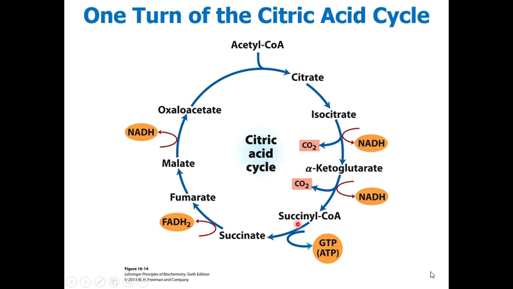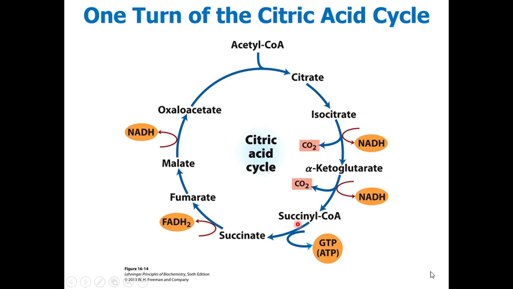And in this process, 1, 2, 3 NADH molecules are obtained from 1 molecule of acetyl-CoA, along with 1 FADH2 and 1 GTP. So the yield that one gets from 1 acetyl-CoA molecule is 3 NADH, 1 FADH2 and 1 GTP.